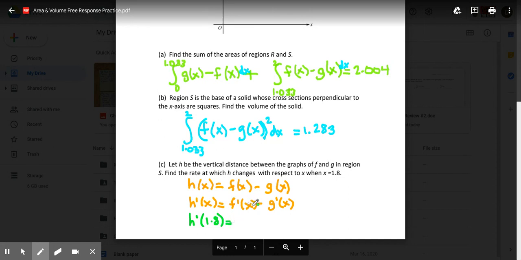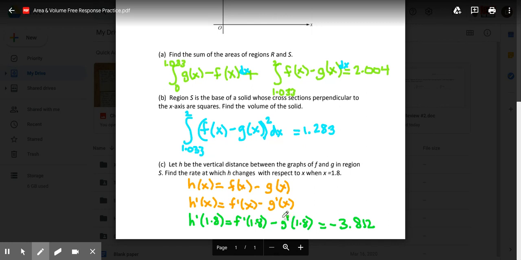So we're plugging 1.8 in here and here. So f prime of 1.8 minus g prime of 1.8. And you end up getting negative 3.812.